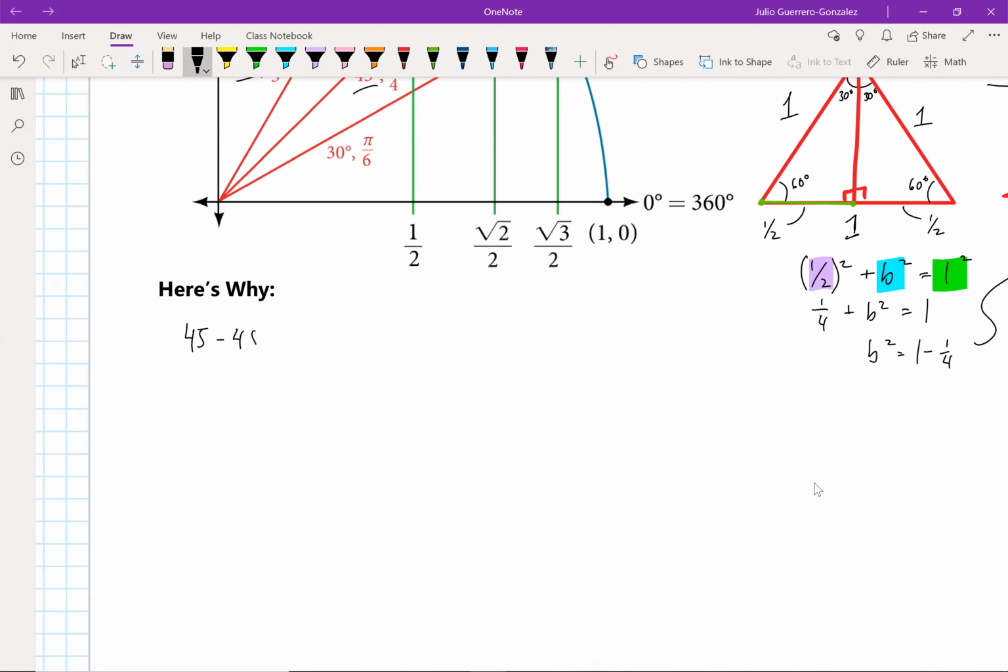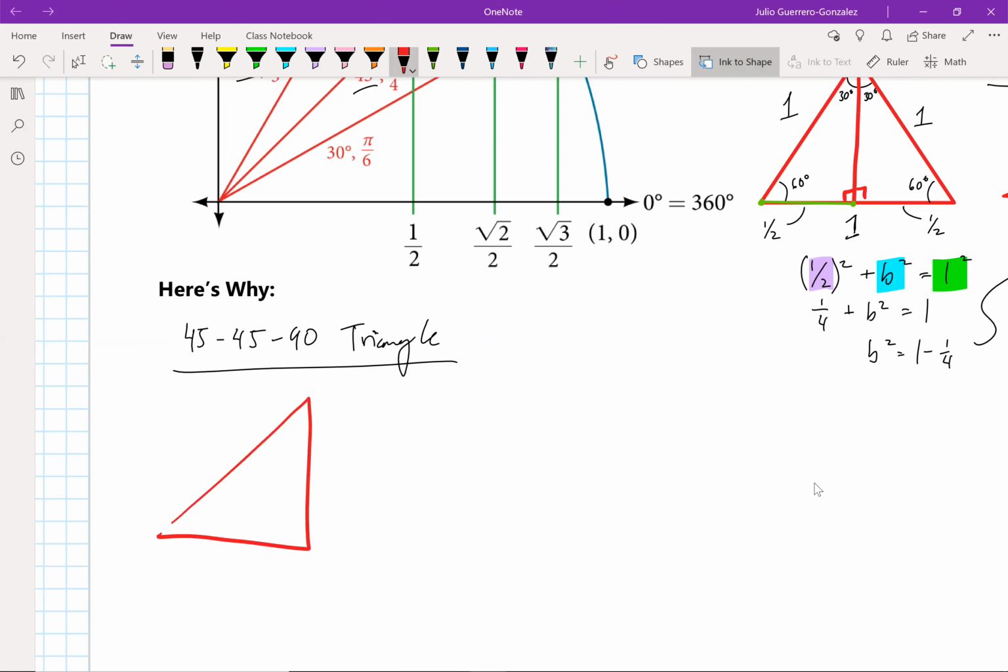The 45, 45, 90 triangle. This one is the very first one that I did, where if the hypotenuse was 1, then each one of these legs was root 2 over 2. Root 2 over 2, right?